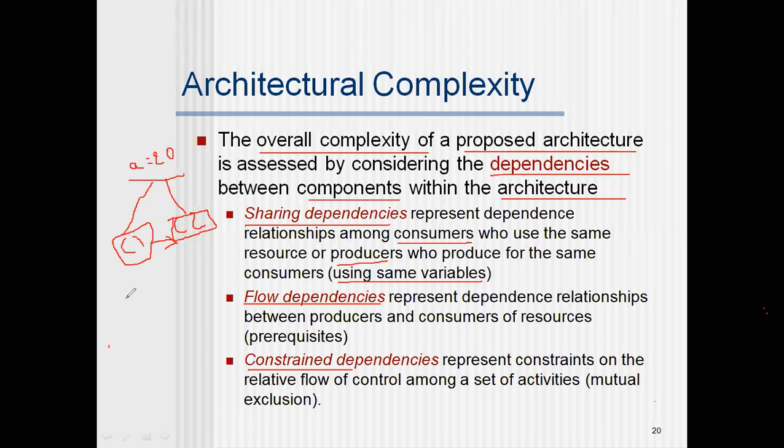Suppose C1 is going to perform b equal to a plus c. Assume C1 is going to perform b equal to a plus c. Already it has the c value equal to 6.